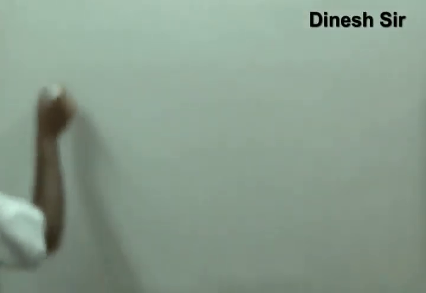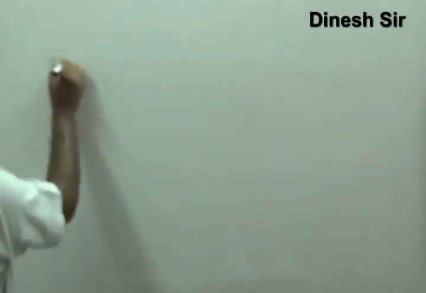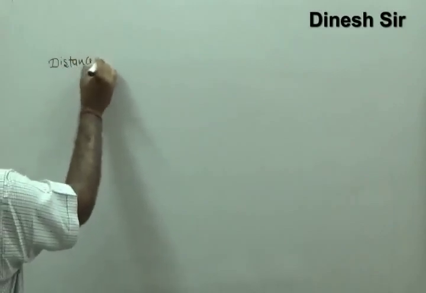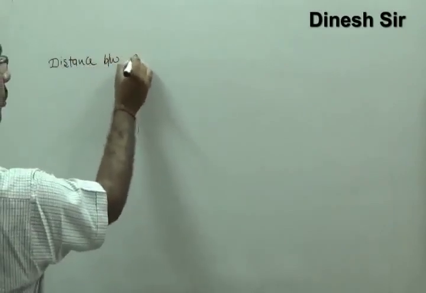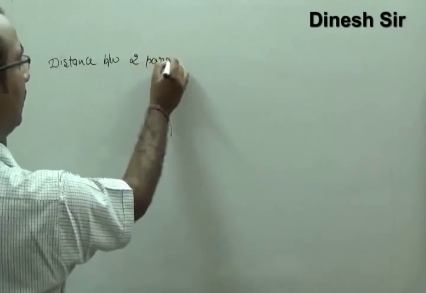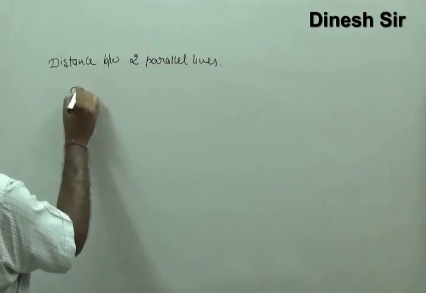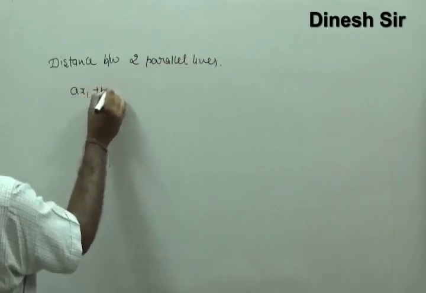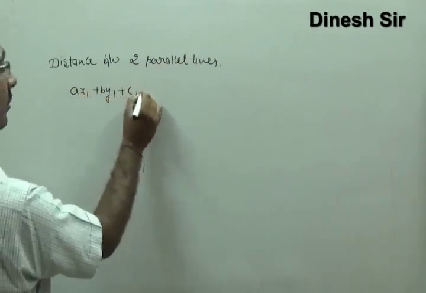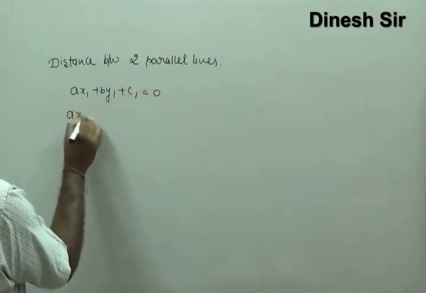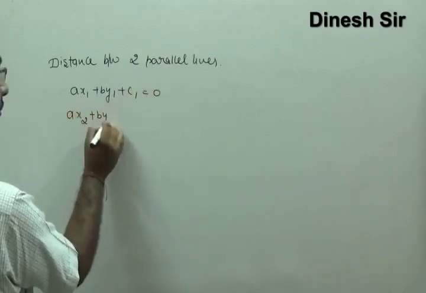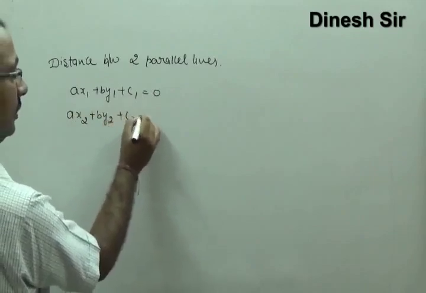Then there is one more type of question, that is the distance between two parallel lines. Suppose the first line is given as ax + by + c1 = 0. Because the lines are parallel, the coefficients must be equal, so the second line is ax + by + c2 = 0.